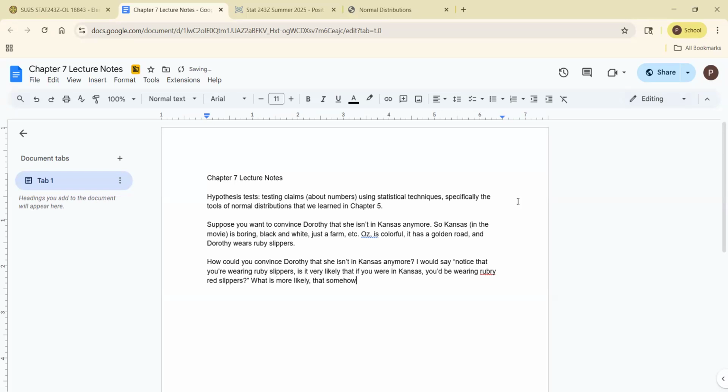That somehow in black and white farming Kansas, you found a pair of ruby slippers, or that you aren't in Kansas anymore, in particular, that you are in the land of Oz? That's the question I would pose to Dorothy.